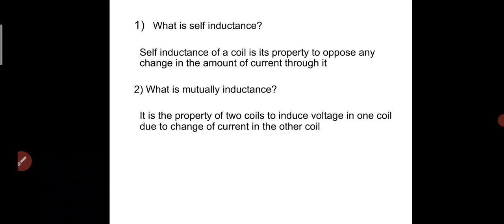And second one, what is mutual inductance? It is the property of two coils to induce voltage in one coil due to change of current in the other coil.